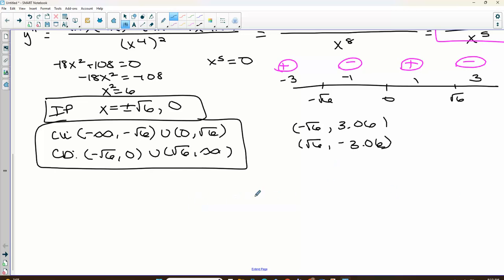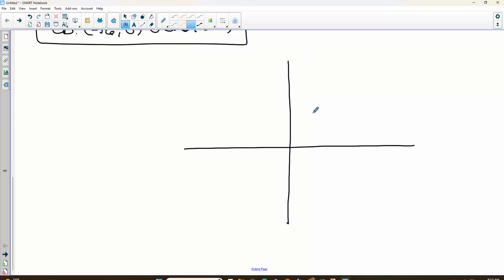All right, so now let's graph it. We have a vertical asymptote at 0 and a horizontal asymptote at 0.